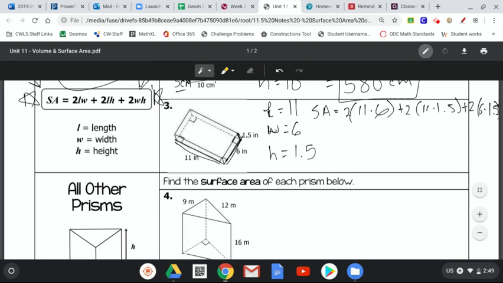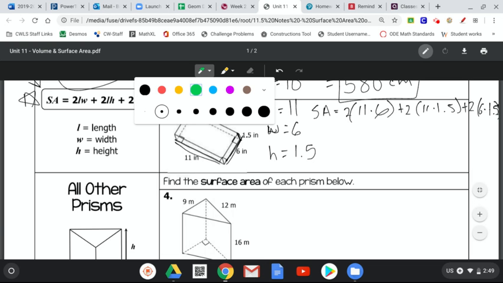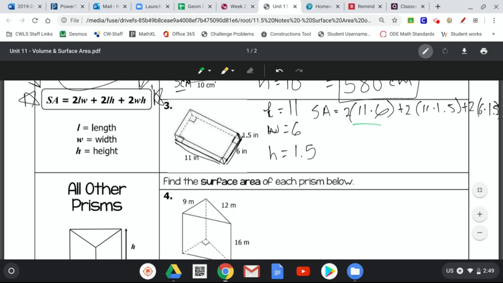All right, so again, do what's in parentheses first. So do the 11 times 6 first, multiply that by 2. When you do that, you should get 132. Then we're going to add, do 11 times 1.5, and then multiply that number by 2, which should be 33. And then do 6 times 1.5 and multiply that number by 2, and that should give you 18.